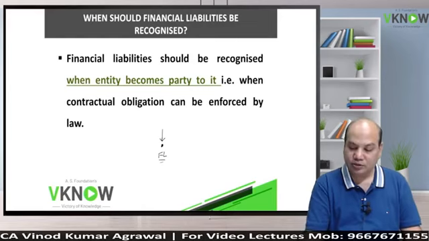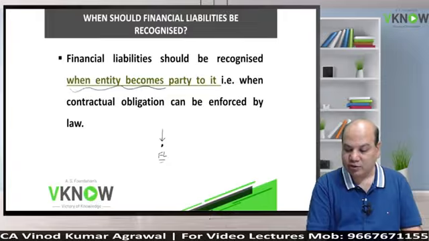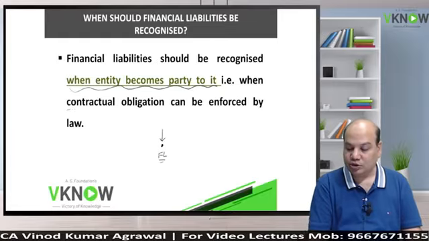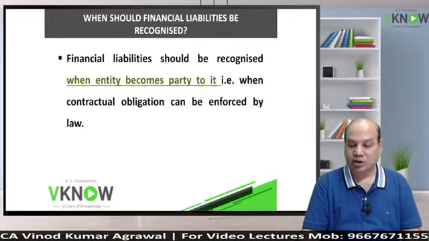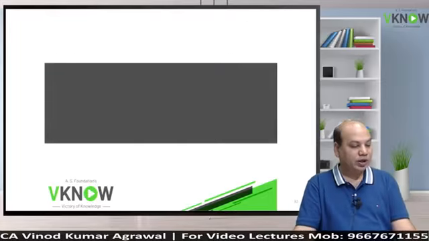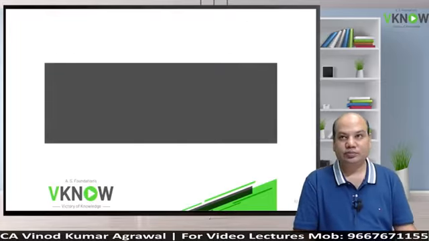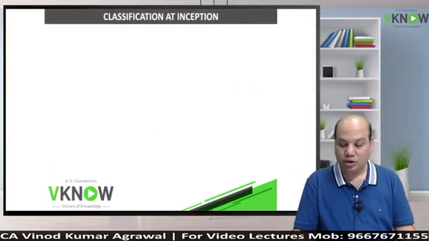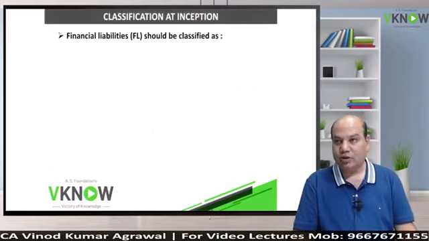So the answer is, a financial liability should be recognized when the entity becomes a party to it. What do you mean by party to it? It means when the contractual obligation can be enforced by the law. Now our accounting begins.